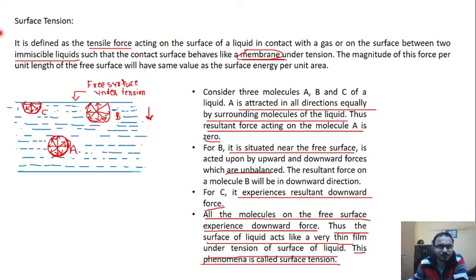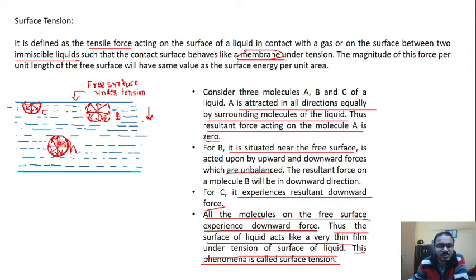So it is defined as the tensile force acting on a surface of a liquid in contact with a gas, or on the surface between two immiscible liquids, such that the contact surface behaves like a membrane under tension. So here we have taken three different molecules, A, B and C, where A is fully submerged in the liquid, so it is having equal molecular forces acting on it, so the net force is 0.